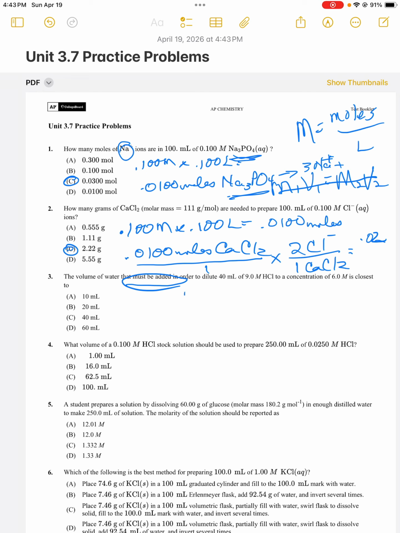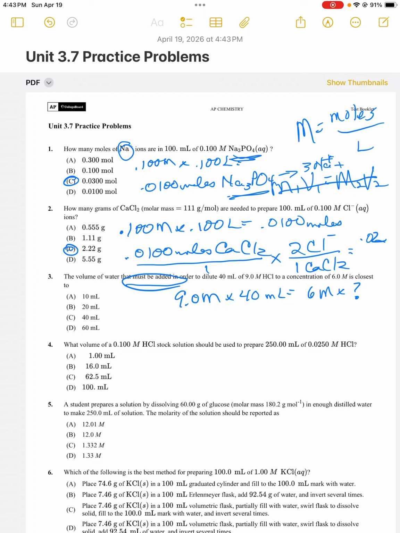We are starting with 9 molarity and 40 milliliters, and we're going to 6 molarity. So 9.0 times 40, it would be 36. Is that right? Divided by 6 is going to be 6.